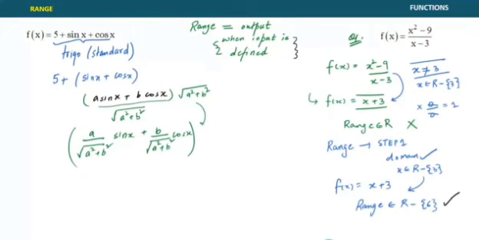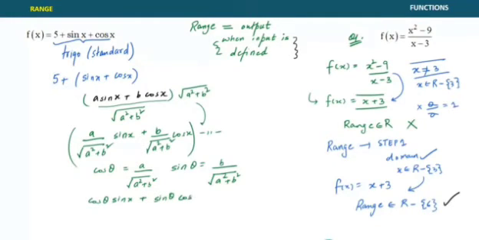So I can take that for some theta, this will become cos theta, a by under root a square plus b square, and similarly for some sin theta, it will become b by under root a square plus b square. You can very easily check. Just square and add, you will get 1. That means my assumption is true. So then this complete quantity will become cos theta sin x plus sin theta cos x, into under root a square plus b square.